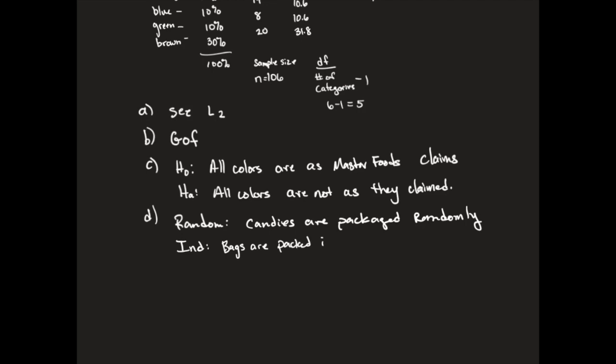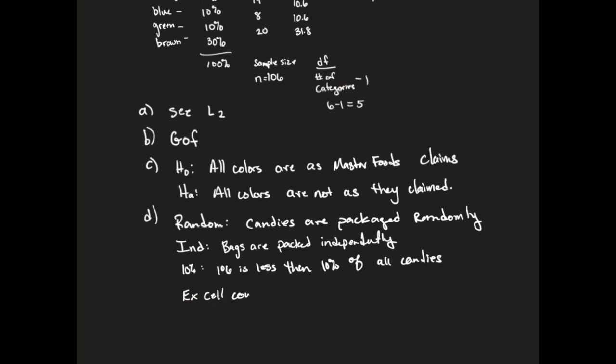Again, there's no reason to think that you have a particularly special bag that is more of one color or less of another color just because you picked it up. 10%: this is one of those scenarios where you only have 106 and the population is so much larger than the sample size that you probably could get away with not actually doing this one, but I wrote it out anyway. 106 is definitely less than 10% of all candies.